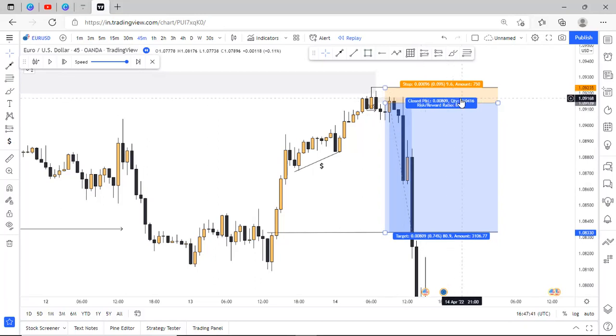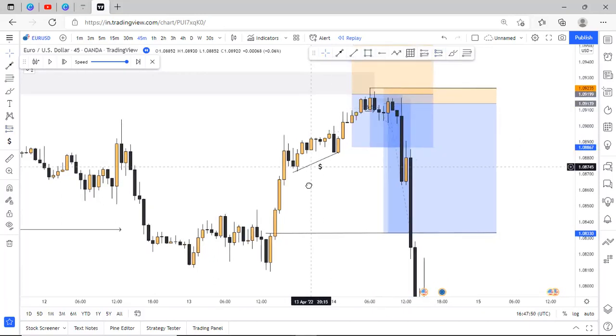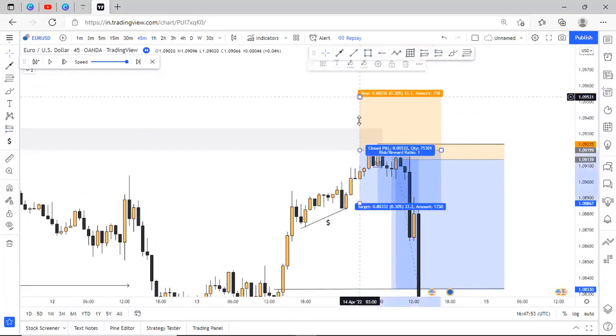my risk would be small compared to when I'm getting into the trade at this level right here with a stop loss of about 20 pips thereabout.